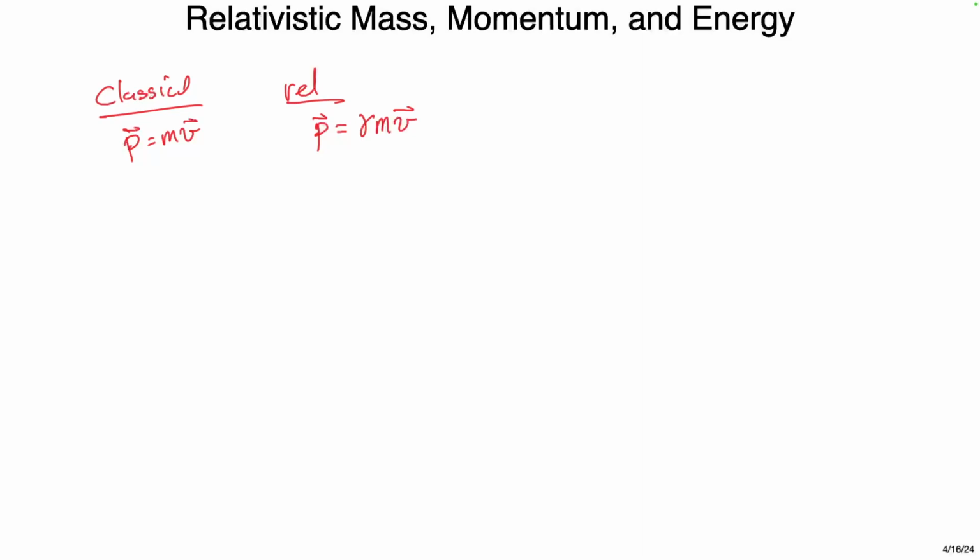If gamma already has a velocity in it, it can't operate against the velocity. The velocity is just velocity. It's the relative velocity. It's already in there. So the only other choice is mass. What happens to the mass of something if it moves really fast?